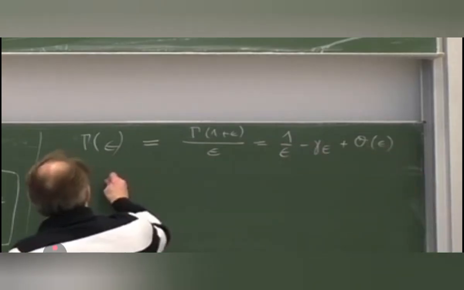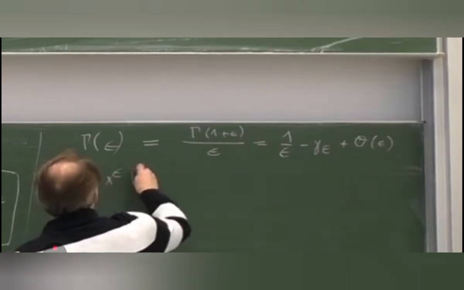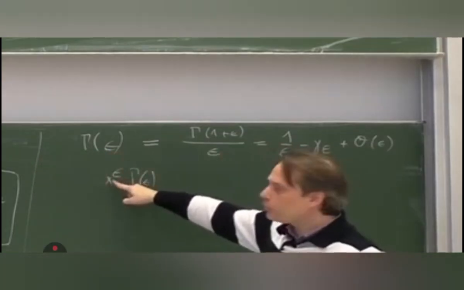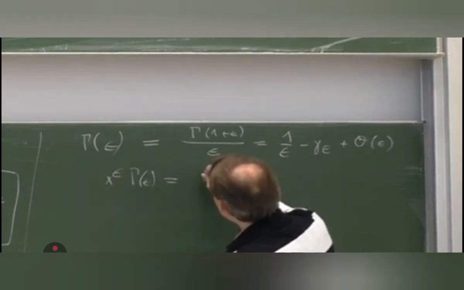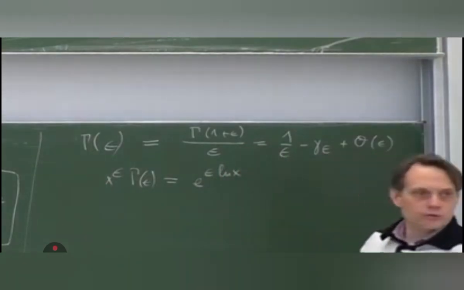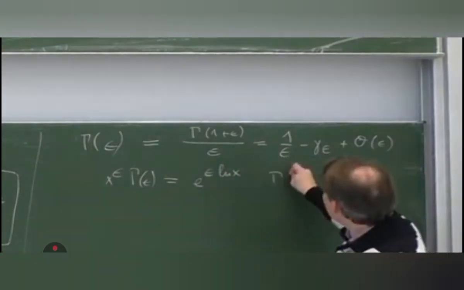So what we then need is some combination like this, some quantity x to the power epsilon times this gamma of epsilon, because that's exactly the form of our result here. So how can you work with this? x to the power epsilon is the same as e to the power epsilon times ln x, times gamma of epsilon.